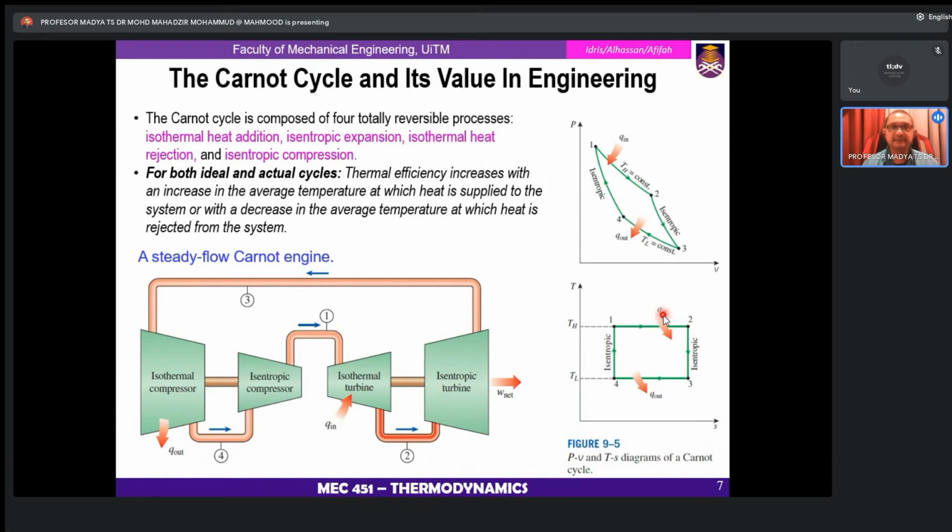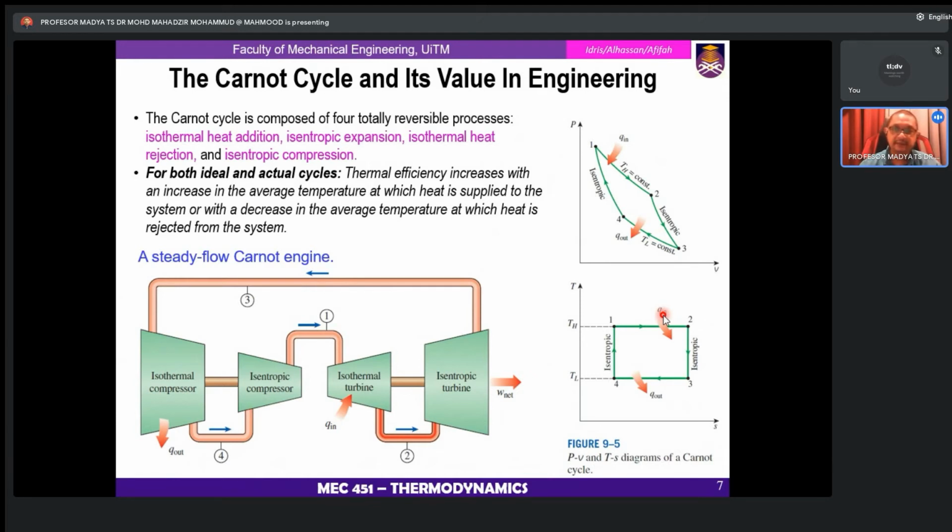The Carnot cycle is composed of four totally reversible processes: isothermal heat addition, isentropic expansion, isothermal heat rejection, and isentropic compression.